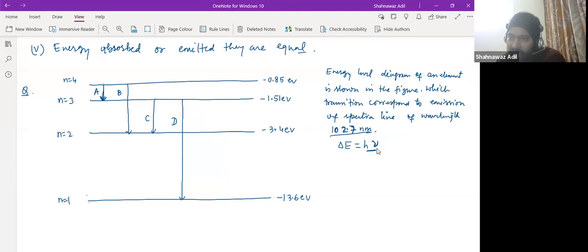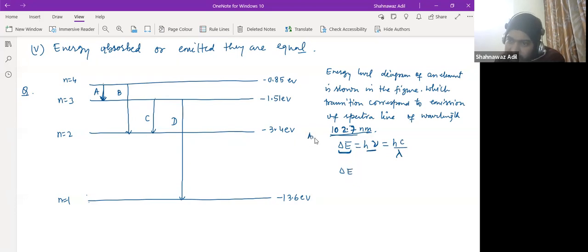Now here they have given the wavelength. So how do we relate the wavelength with frequency? That is c by lambda, right? Then we can calculate what would be the energy difference for this wavelength. So let us calculate that first, right?